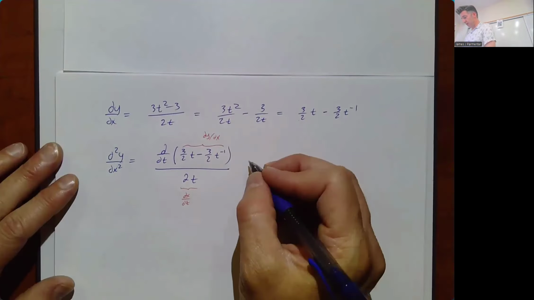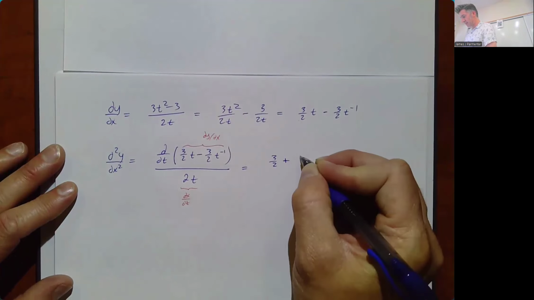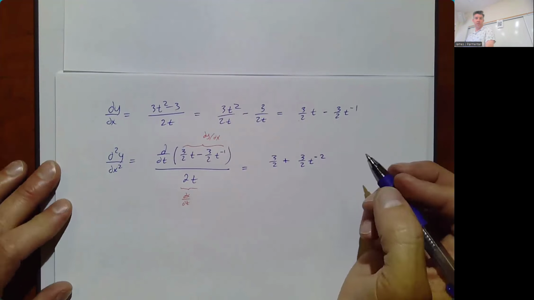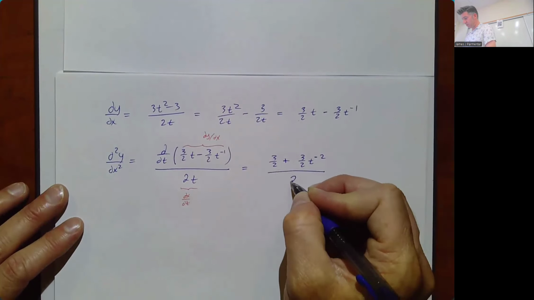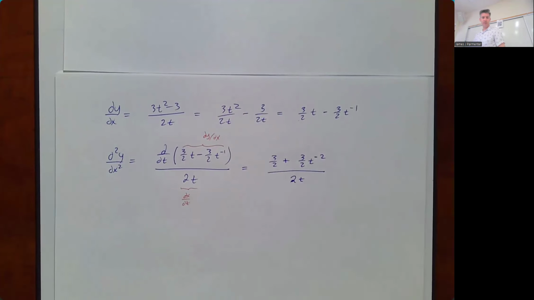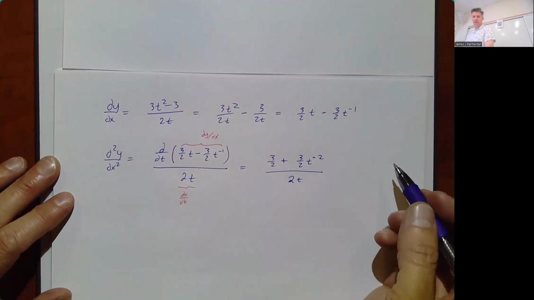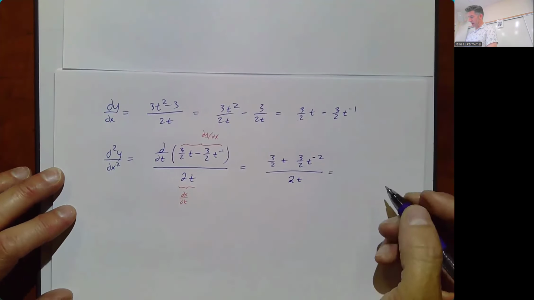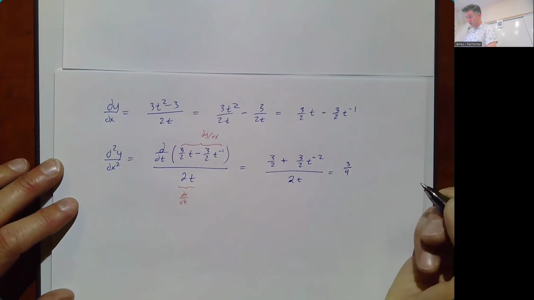So now we differentiate. We get 3/2 plus 3/2 t to the negative 2, just using the power rule, divided by 2t. And then can we make this simpler? Sure. We can factor out 3/2 and say we have 3/4 really, because 3/2 over 2.